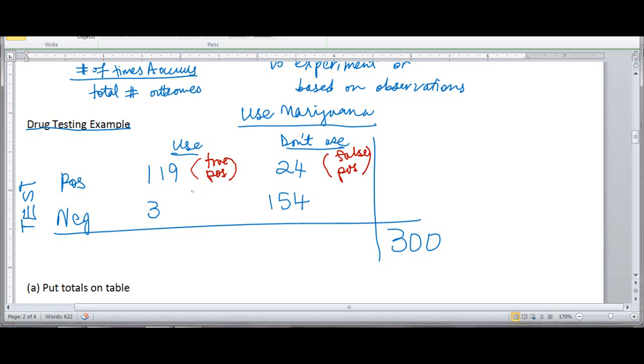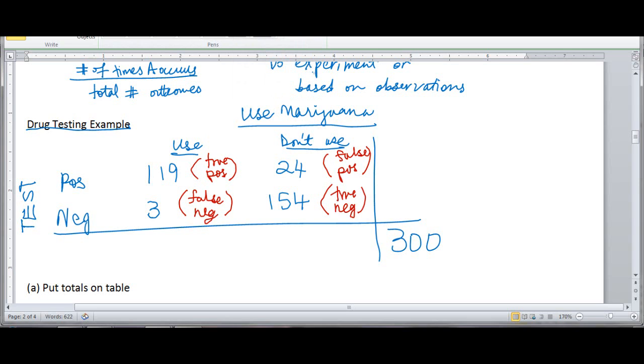This is the rate of false negatives. These 3 people tested negative, but that's false. They should not have tested negative, they do use. And these people are true negatives.